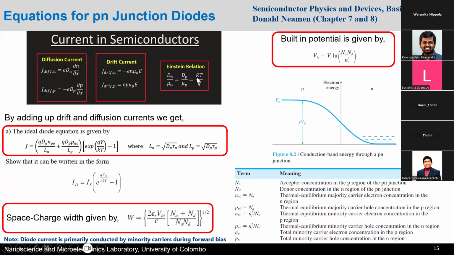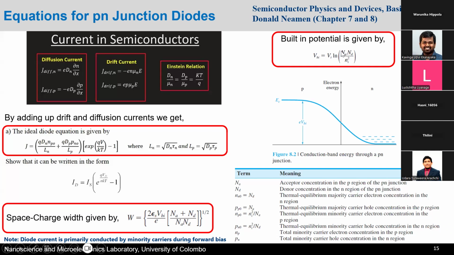Okay, so if we also know the concentration of electrons and holes on the N and P sides, right? These are the acceptor concentrations that we dope the material with. So if we dope the material with, let's say, 1 times 10 to the 16 atoms of phosphorus per cubic centimeter, then you can plug that number here.